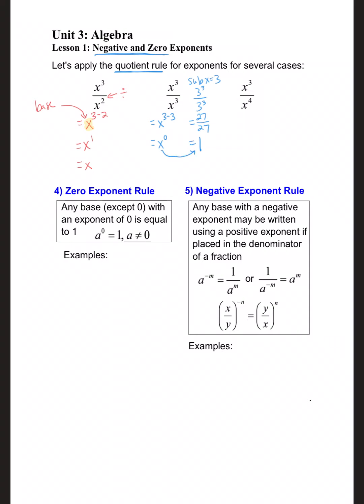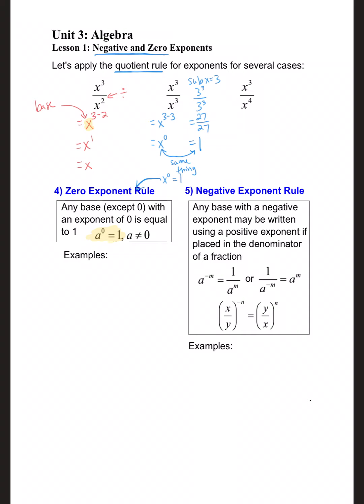So these mean the same thing. x to the power of 0, if we plug any number in, we should always get 1. This brings us to the zero exponent rule: any base except for 0, with an exponent of 0, is equal to 1. So a to the power of 0 equals 1, no matter what a is, as long as it's not 0.